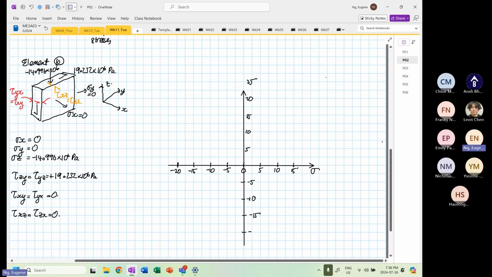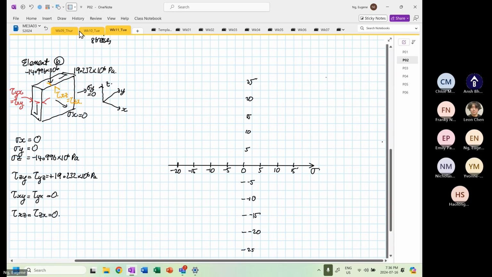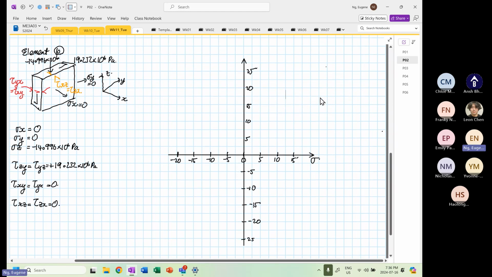Okay. So the scale must be the same, right? You can see over here, 2 squares, the delta is 5 megapascal. Okay. So this shear element rotates clockwise, element rotates anti-clockwise.